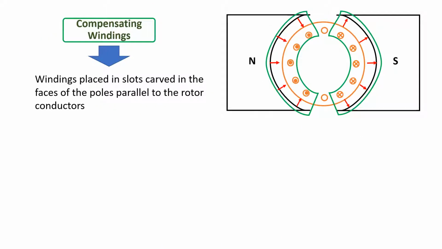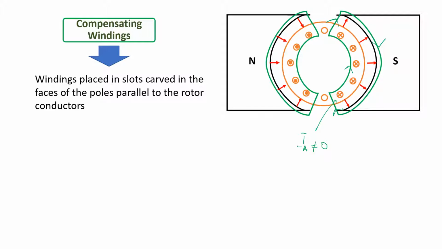The second solution to armature reaction is by having compensating windings. Now, before I explain compensating windings, let's look back at what happens in a DC machine. The main magnetic field are these red lines or red arrows shown, and when armature current flows in the coils, the armature current will produce an armature magnetic field, and according to the right-hand rule, on the right side, when the current is going into the armature windings, the armature magnetic field will flow in a clockwise direction.